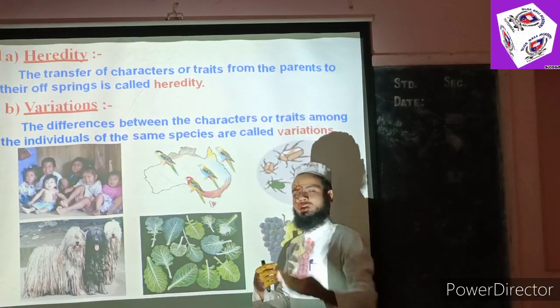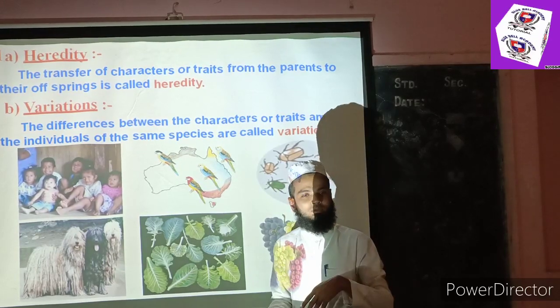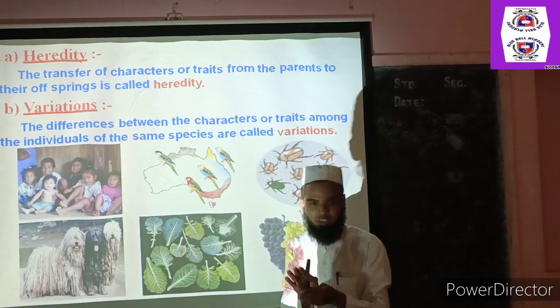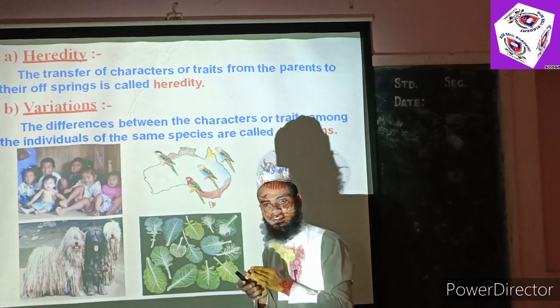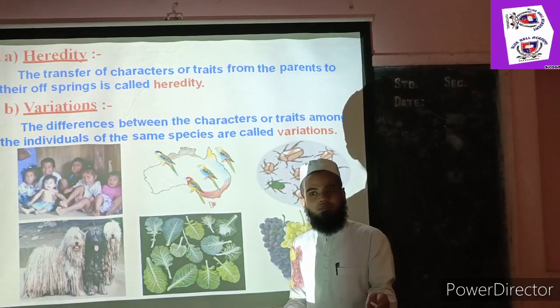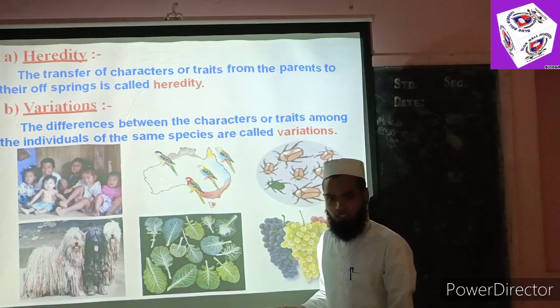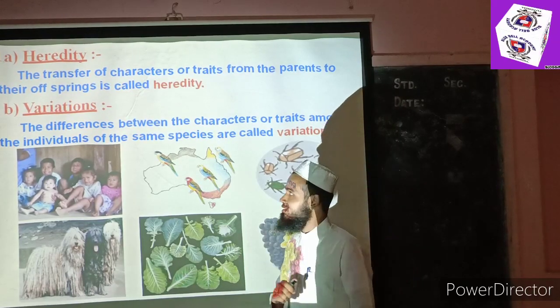If you compare with your parents, your eyes are quite similar to theirs. Your nose is quite similar to theirs, not 100% as it is, but you will find some differences. These characters are transmitted from one generation to another. That process we call heredity.